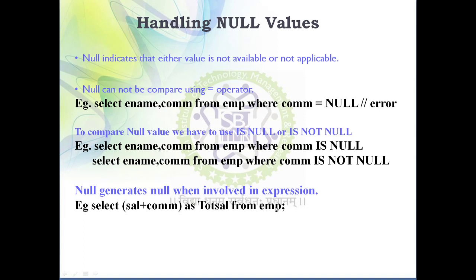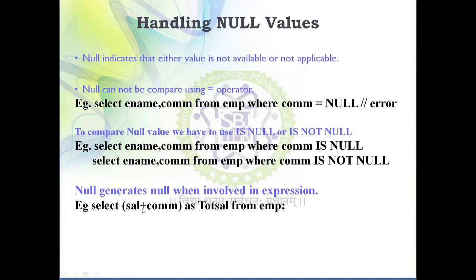So will this query give me an appropriate output? For those employees who are getting commission, this query will work in the right manner. But for employees who are not getting commission, this query will show their total salary as null. Why is it so?